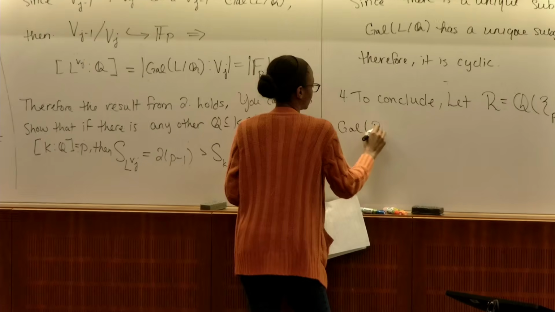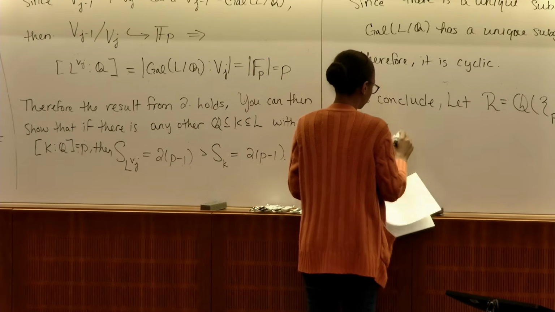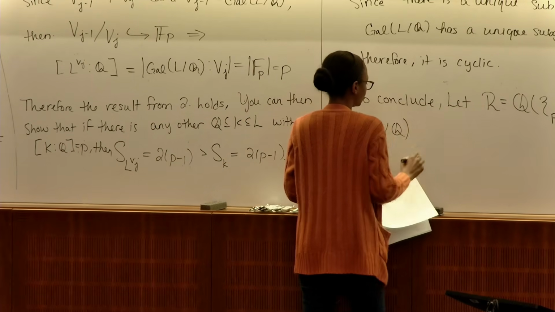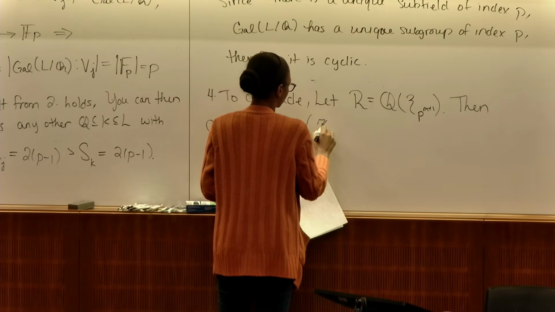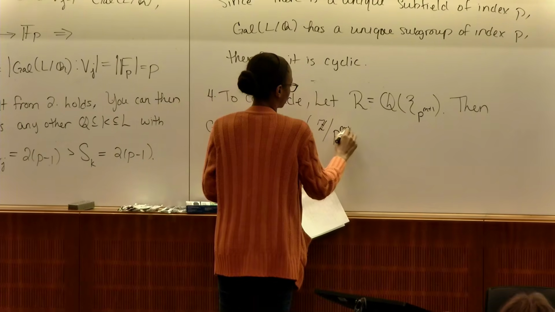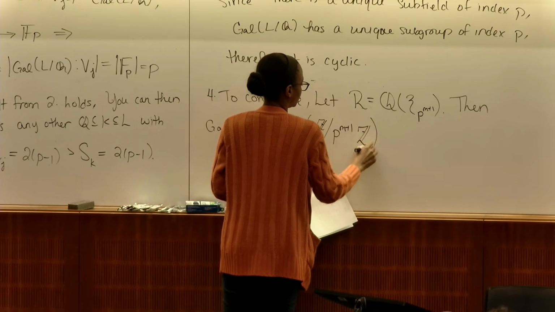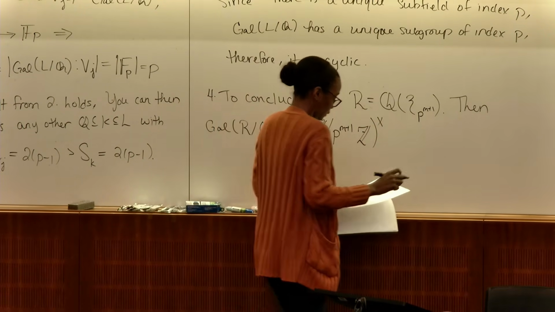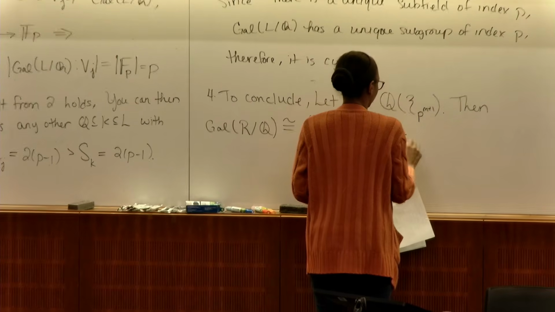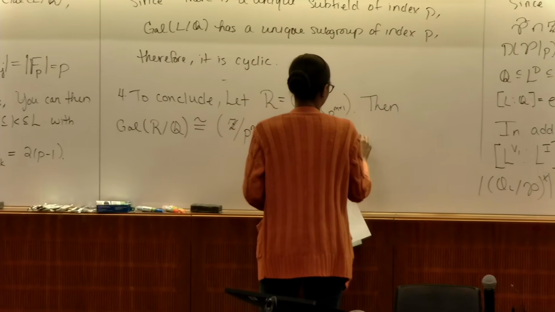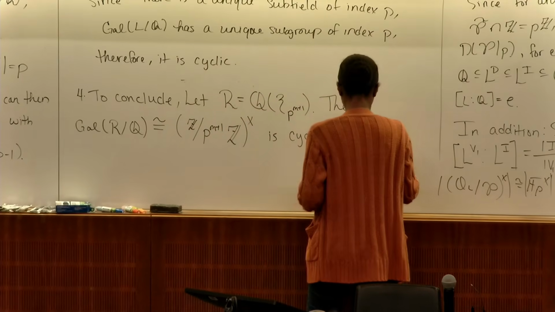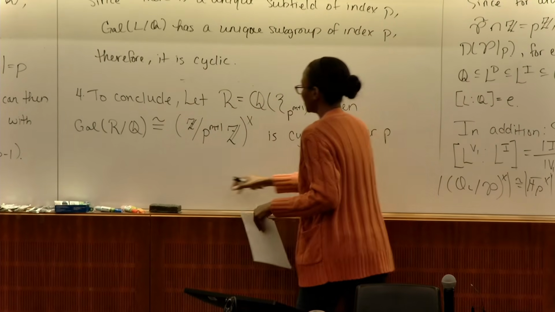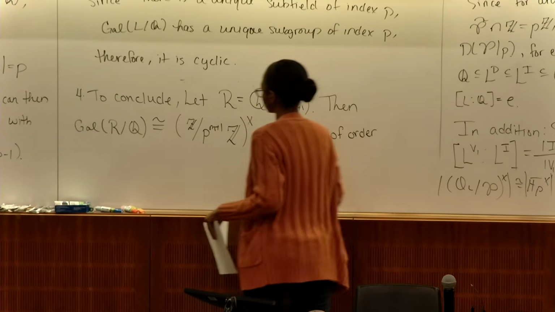So the Galois group of R over Q is isomorphic to the unit group. This is cyclic of order phi of P to the M plus 1.